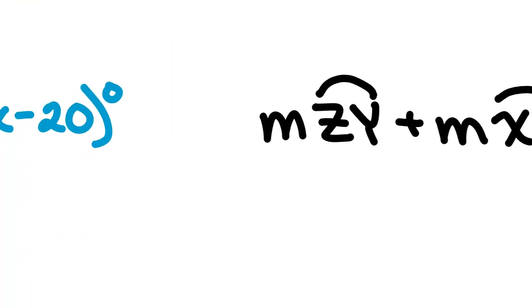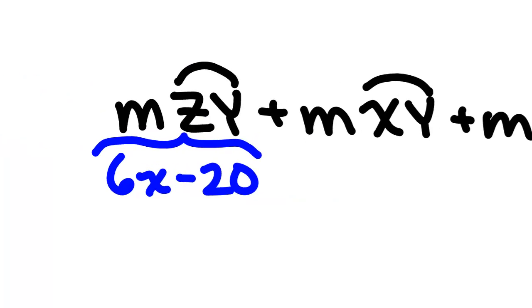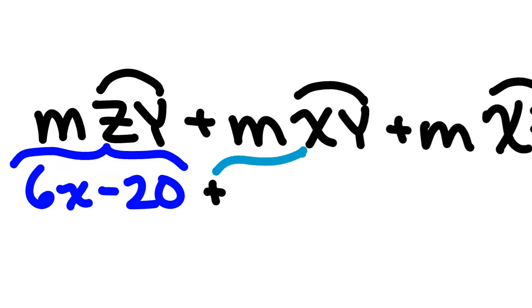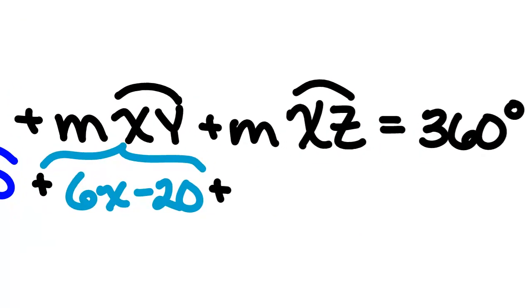Arc ZY is 6x minus 20. How big did we say arc XY was? 6x minus 20. How big is arc XZ? 76.